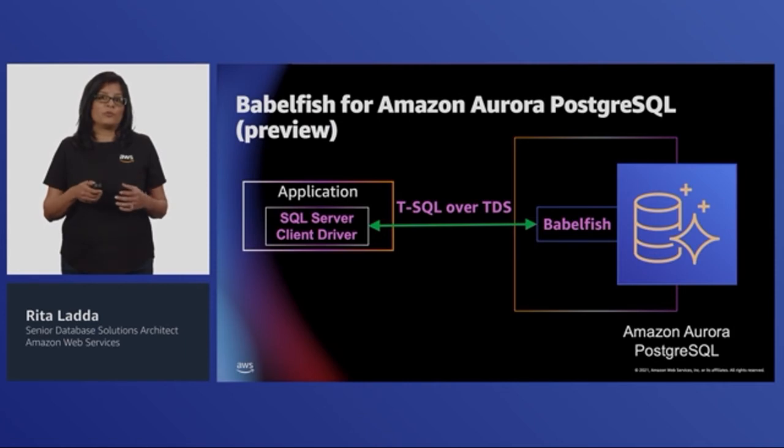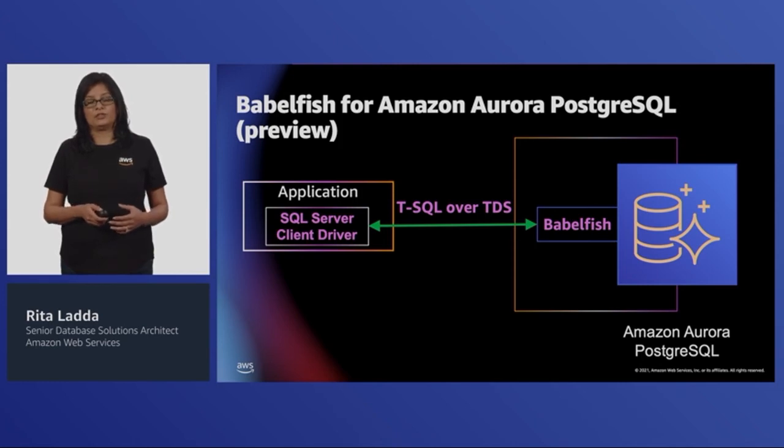One of the most popular targets for refactoring SQL Server is Amazon Aurora for PostgreSQL. As I said earlier, typically refactoring SQL Server to Aurora PostgreSQL requires refactoring the database and the application to ensure compatibility. Understanding these challenges, AWS developed Babelfish, a new translation layer that enables Aurora PostgreSQL to understand commands written for Microsoft SQL Server.